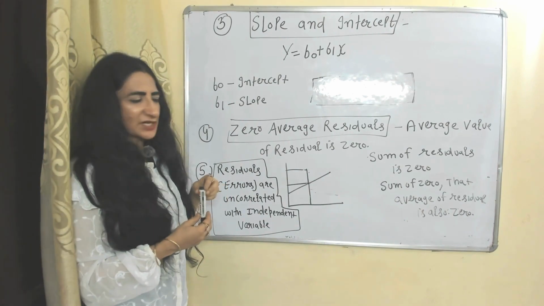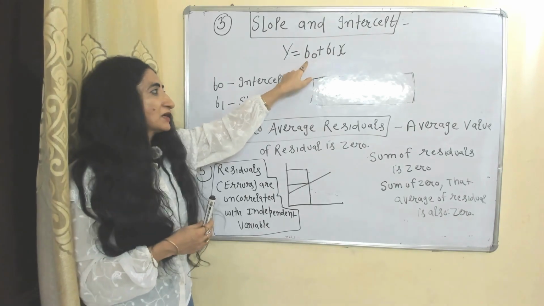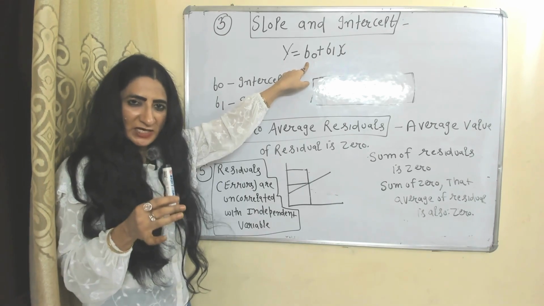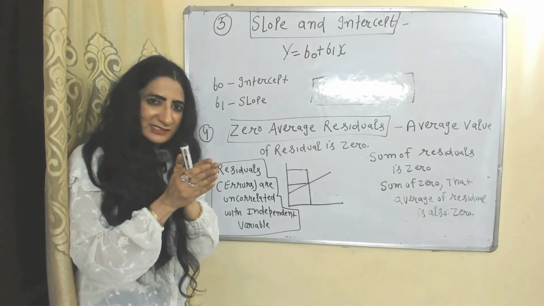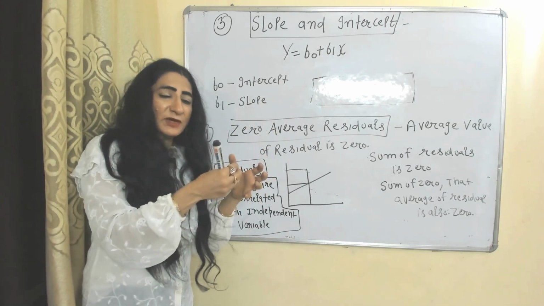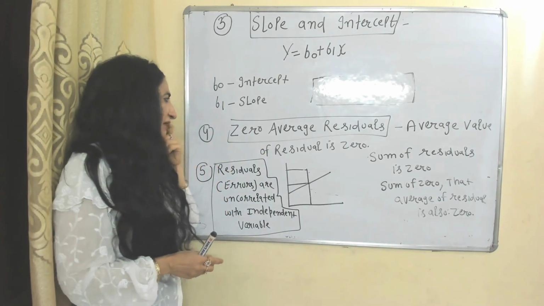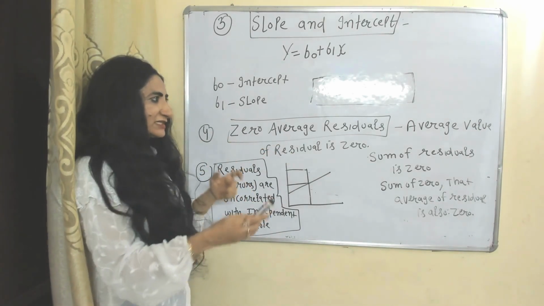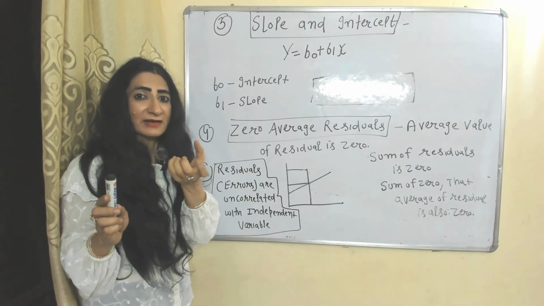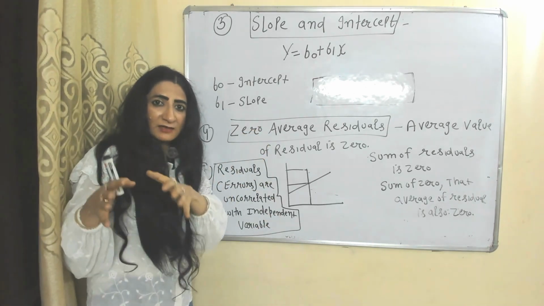Next properties of the regression line: we express the regression line through this equation. B0 is the intercept, which shows the value of the dependent variable when the independent variable is 0. B1 is the slope, which shows how much the dependent variable changes for every 1 unit increase in the independent variable. Zero average residuals, that means the average value of residuals is 0. Residuals mean errors, that is, errors above the line and errors below the line.